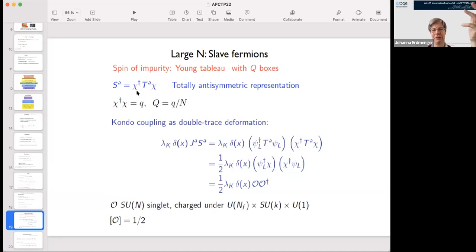So we introduce a U(1) symmetry which wasn't there before. And so we need to fix the symmetry if we want to have the same amount of degrees of freedom as before. And this is fixed by imposing that the charge density of these new fermions should be equal to some number, which is called little q. And it's related to the number of boxes by this relation.